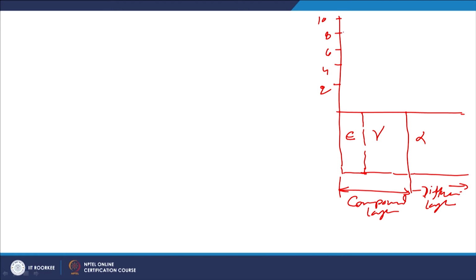variation will be like this, decreasing from 10 to somewhat 8%. This is one zone, corresponding to this area, and then this comes out up to this zone. Then we will have another zone, and this zone is a little bit wider, and then we will have a third zone.